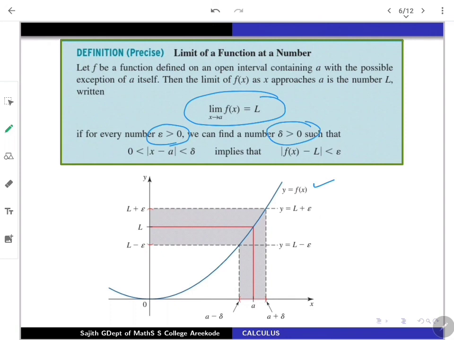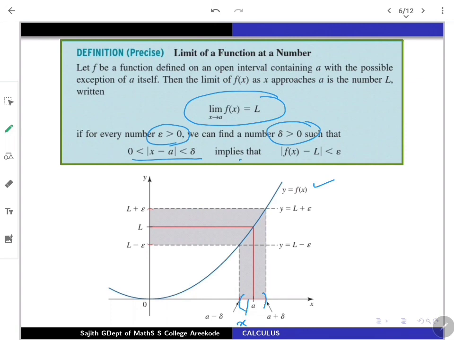0 less than mod x minus a less than delta, which means your x's are in the delta proximity of a, to the right and to the left, about delta. This is an interval containing a. It just says that x's are inside here.